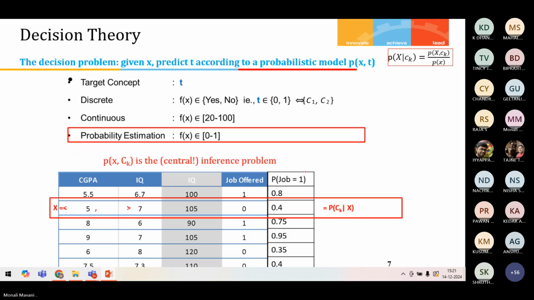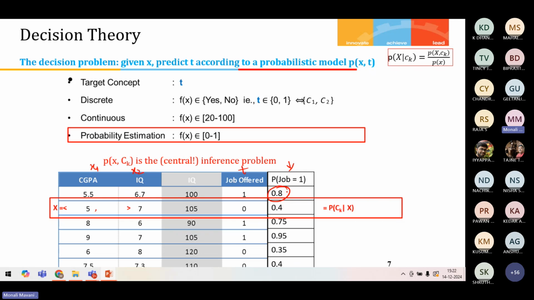Now, suppose the same CGPA, one feature, IQ, second feature, job offered is T. Rather than this 1 and 0, whether a person is offered a job or no, we get an output in terms of a probability, whether a job offered is 1 or not. So you can see these are all the values of probabilities, say 0.8.